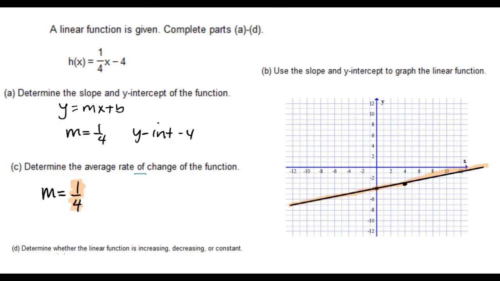Whenever the slope is positive, we have an increasing function. Whenever the slope is negative, you have a decreasing function. And if the slope is 0, you have a constant function. So this is something that works for linear functions. So for this example, we have our function h of x increasing.